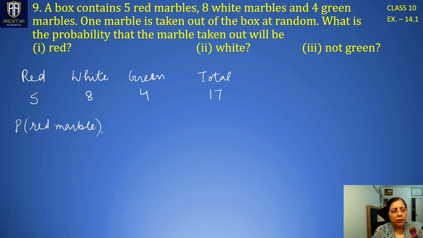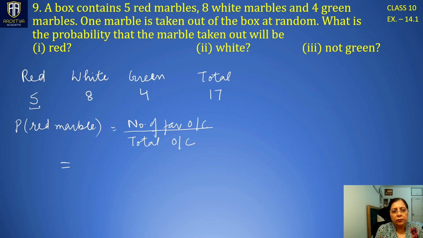So these are not equally likely possible outcomes since we have different numbers of marbles in this box. Probability of red marble. So this means number of favorable outcomes upon total number of outcomes, right? Total outcomes. So what are the favorable chances for red? How many red marbles we have?